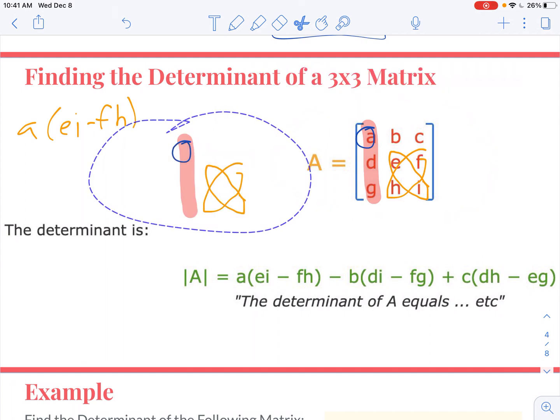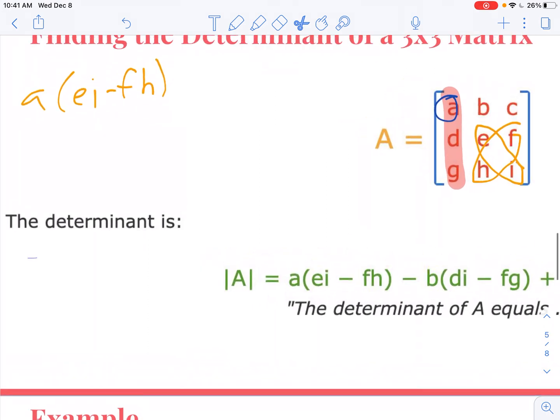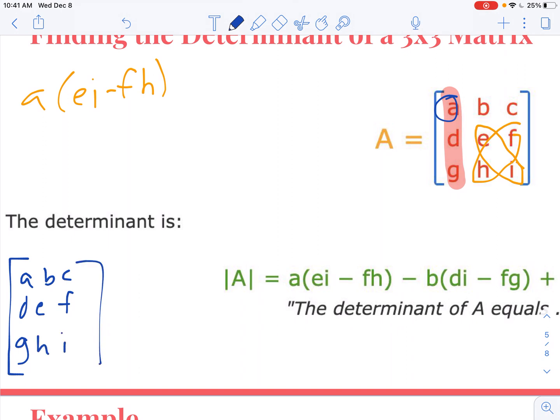Then let me see if I can copy and paste this. Okay, I can only copy and paste my writing. Wonderful. So then I'm going to rewrite this matrix 2 times. So I have this matrix: A, B, C, D, E, F, G, H, I. All right, so now I'm going to look at my next row.